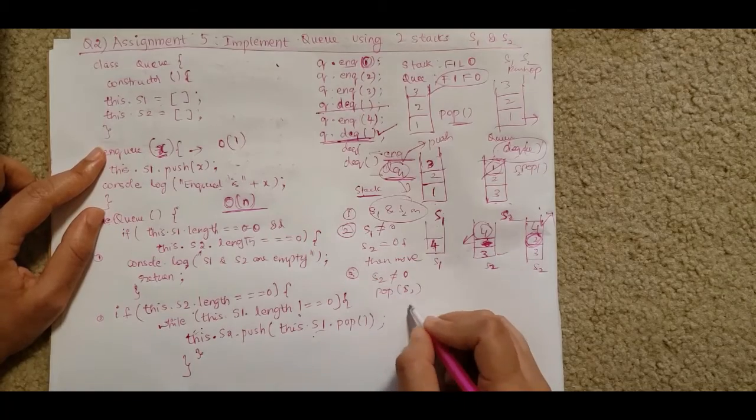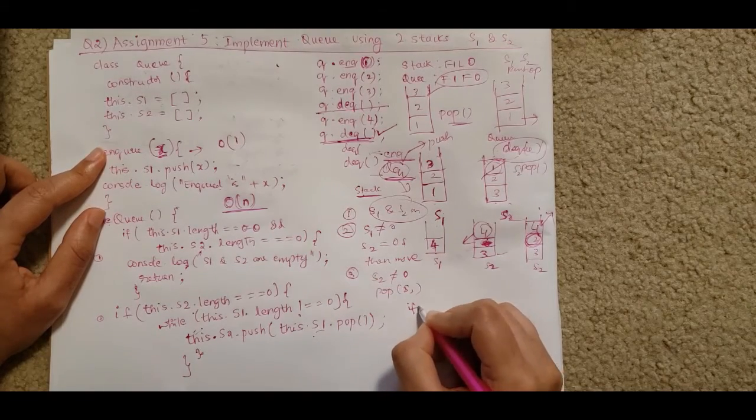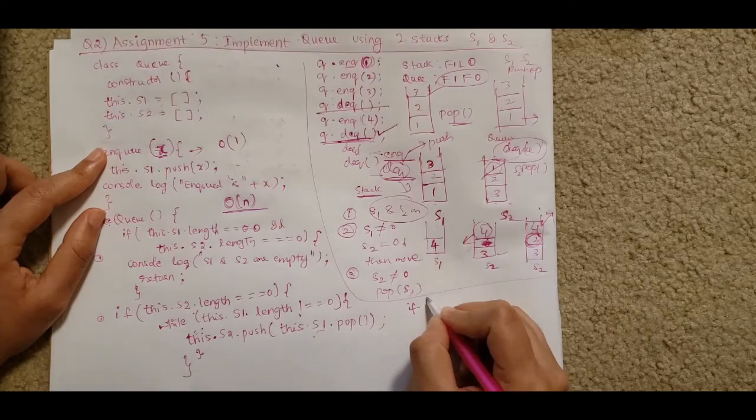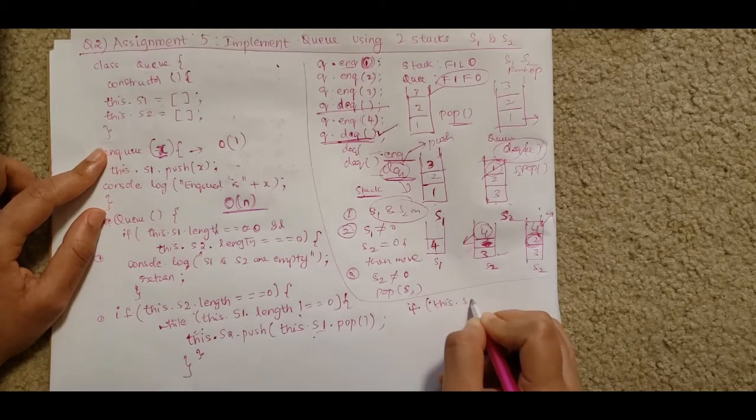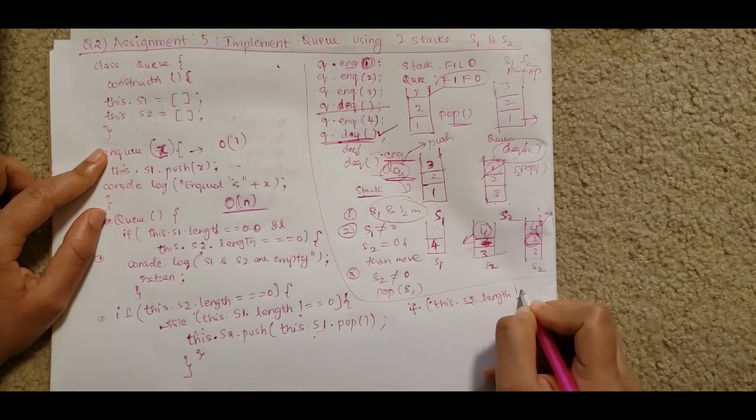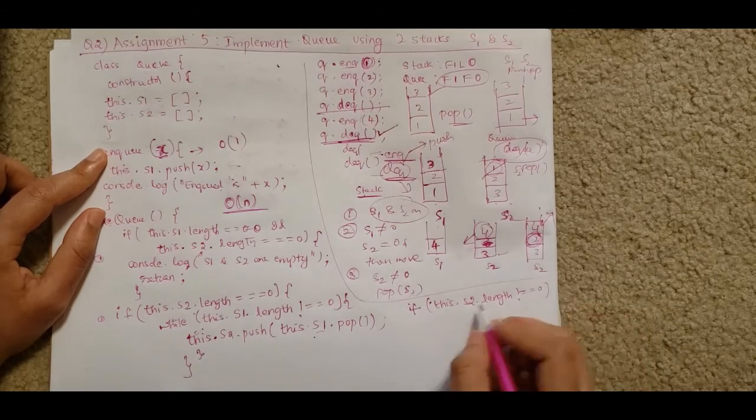Okay, now last, if this dot s2 dot length is not equal to 0, then pop from it.